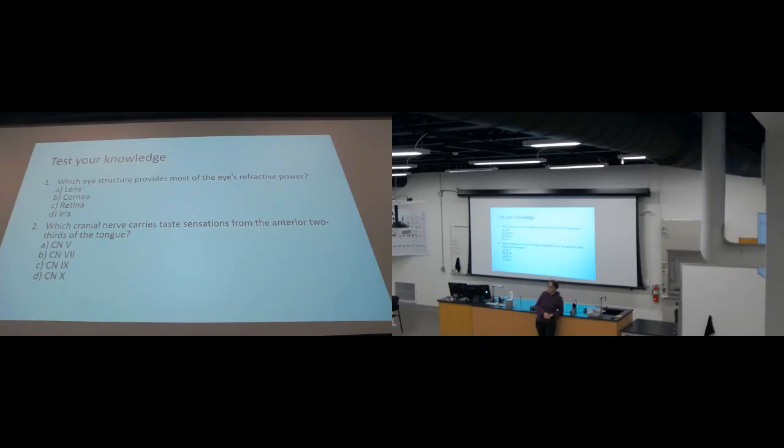A, B, C, or D? Because it goes through the cornea, right? Past the iris. The back of the eye is the retina. So it would be the retina. Well, the retina is the one that receives the light, so that doesn't.